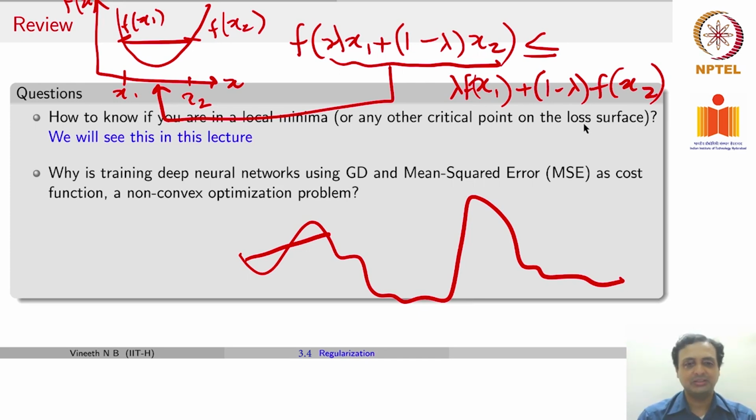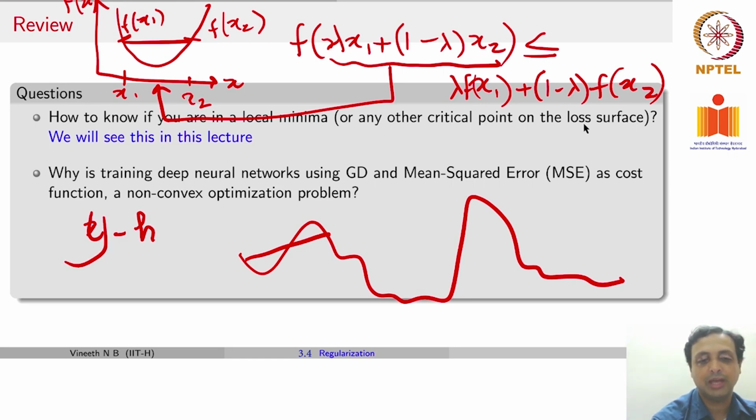Now let's come back to our question as to why is training deep neural networks using gradient descent and mean square error as cost function a non-convex optimization problem. One thing that you have to first understand here is the nature of the cost function itself. Let's assume y was the label and h of x was the output of the neural network.